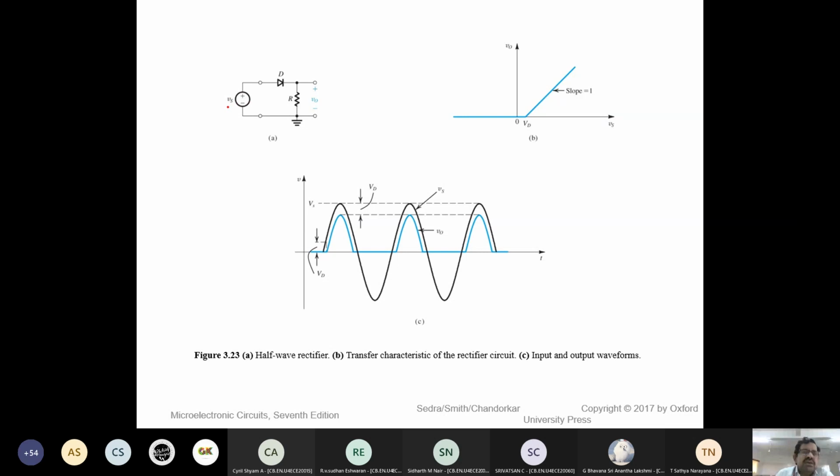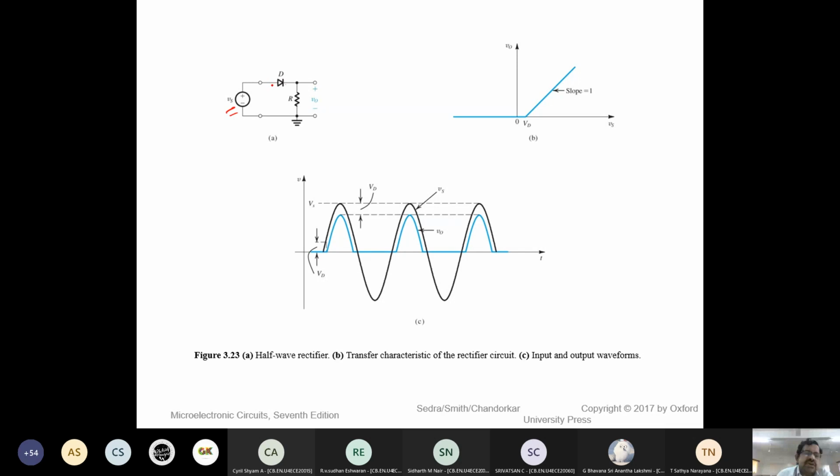This is my source. The source voltage alternates between positive and negative, having a positive half cycle and a negative half cycle. Now the diode, if it is an ideal diode, will be shorted in forward bias and open in reverse bias.